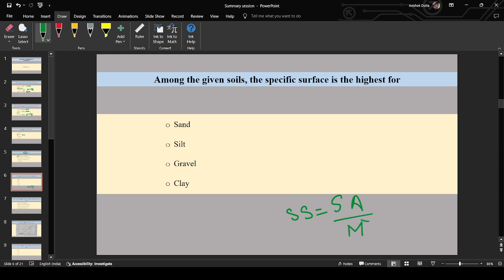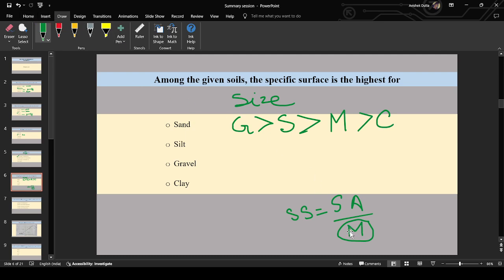Now for a given mass of soil, in the options we have sand, silt, gravel and clay. We know based on the particle size, gravel has the largest particle size, then comes sand, then silt, then clay.